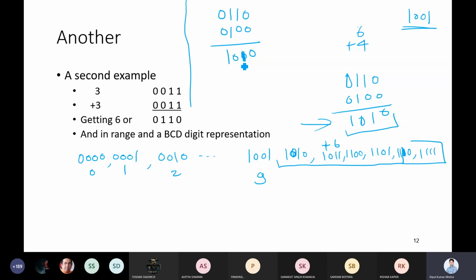Now we are saying this is beyond this, so we have to add plus 6. So plus 6 means 0, 1, 1, 0. So you will get 0 here, 1 plus 1, 0, 1 plus 1, 0, 1 plus 1, 0 and 1. So now if you code it 4 bit for this, 4 bit for this, it is 0, and because this is an incomplete bit, it will become 1, so you will get 1, 0.